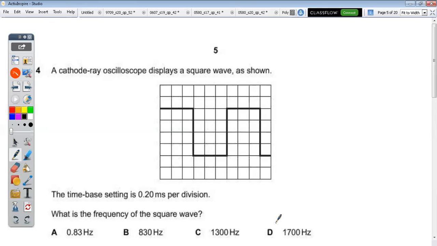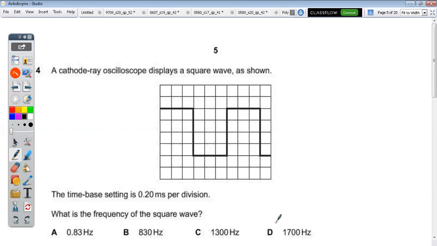It should be the number of boxes in one wave multiplied by the time base setting, which is 1, 2, 3, 4, 5, 6 multiplied. Okay, wait. Then the answer would be B.